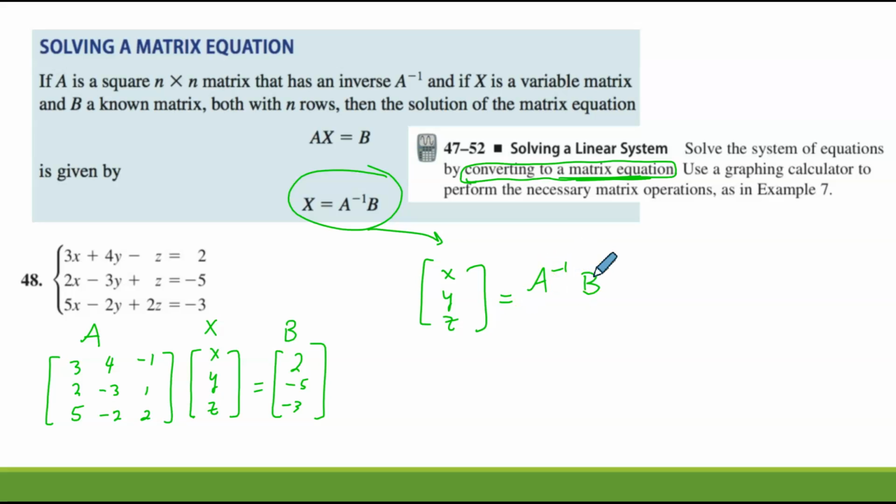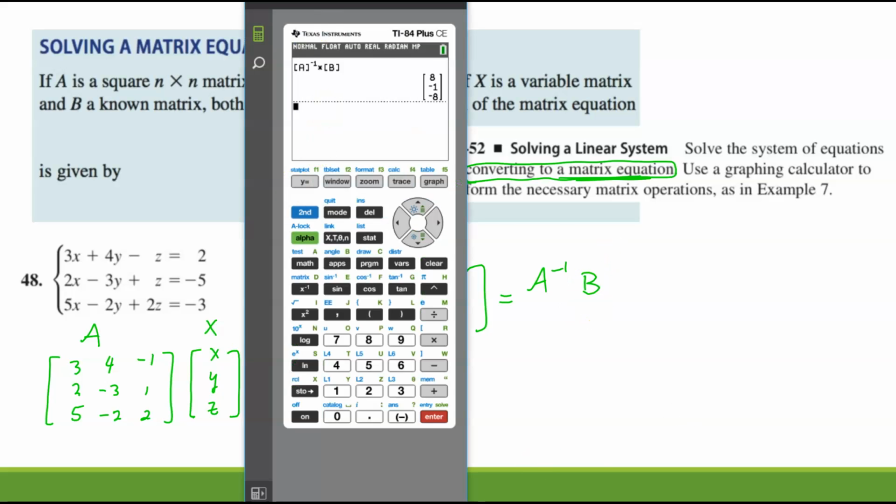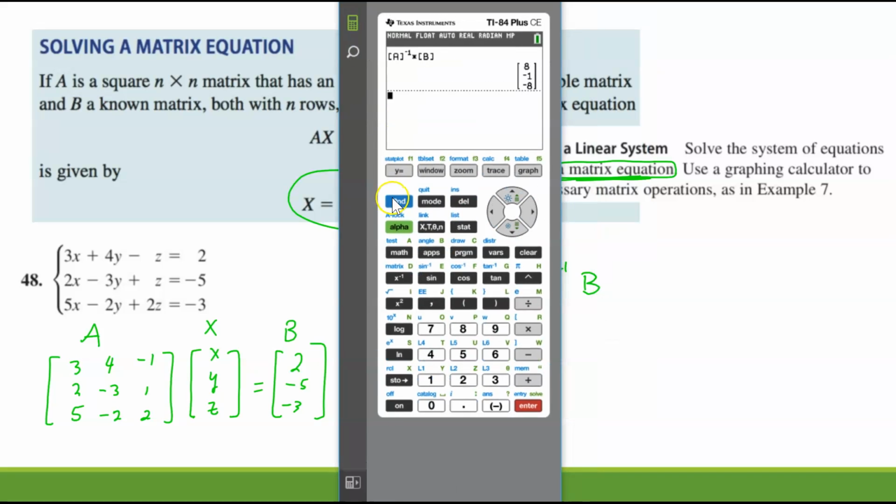Okay, so let's put in our A matrix, so second matrix, edit A. We have a 3 by 3 matrix.